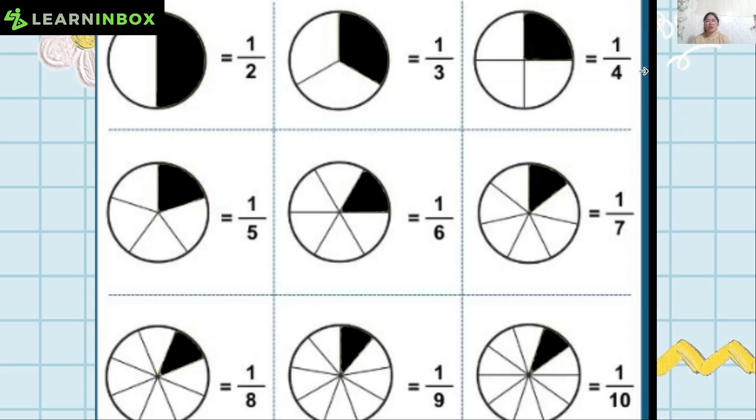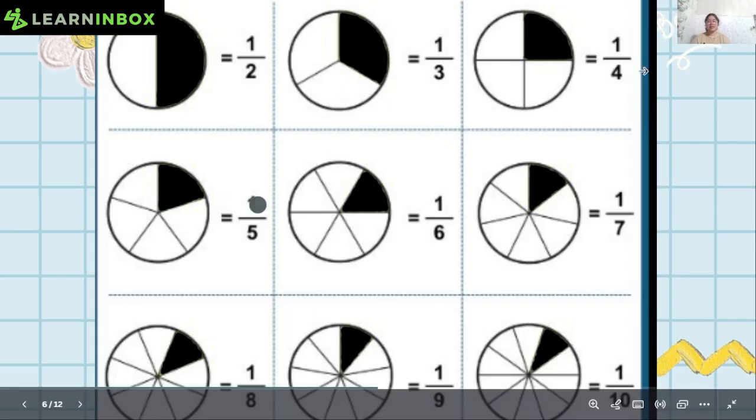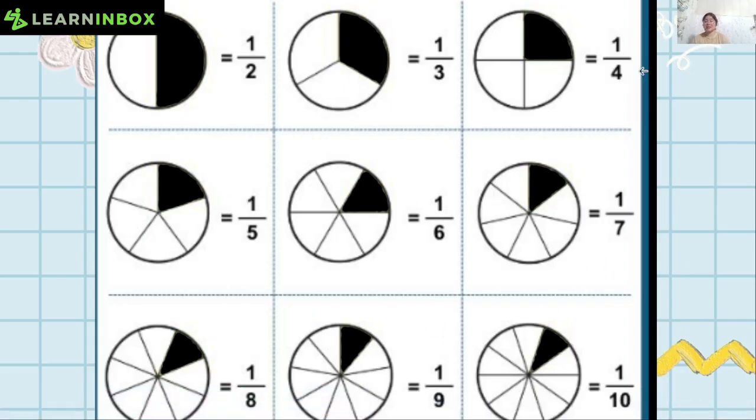So 1 by 4 is the fraction of this circle which has been painted. Similarly, you can go with these pictures. These are equal parts into which the whole has been divided, and the total number of equal parts is the denominator, and how much is taken or painted is the numerator.